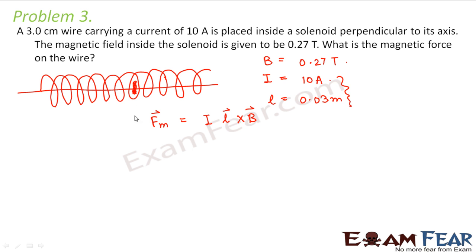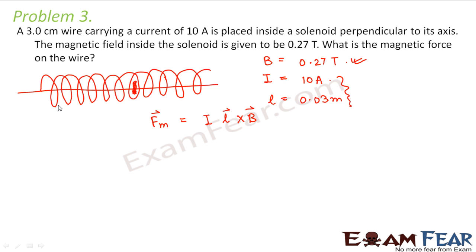What is the external magnetic field for this wire? For this wire, the solenoid is an external environment. The wire is placed in the magnetic field produced by the solenoid, so that field is the external magnetic field for this current carrying wire.